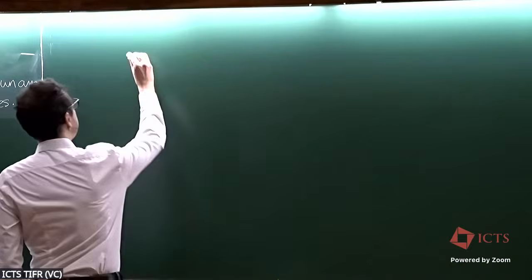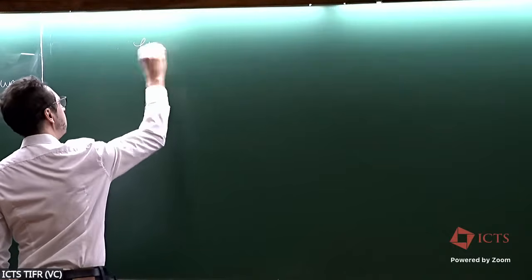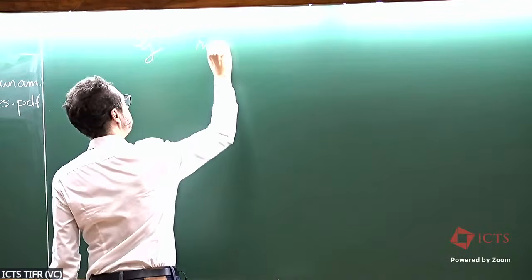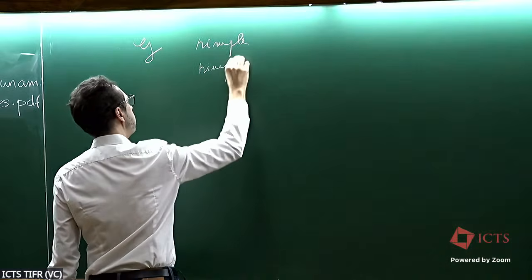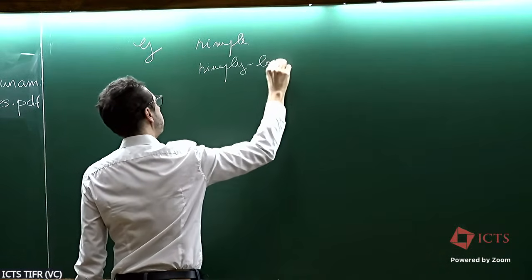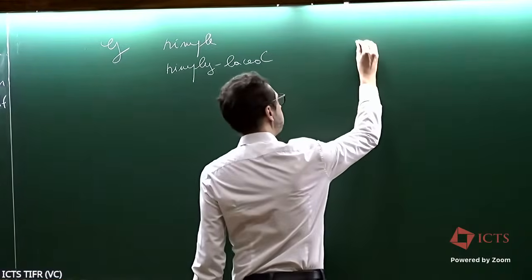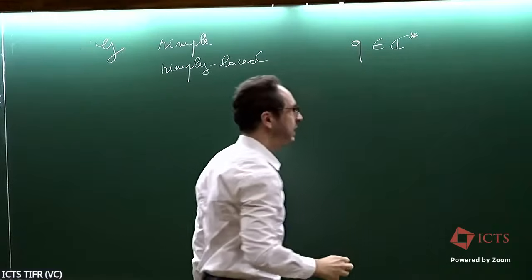So we consider two families of algebras associated to G, which is a simply laced Lie algebra, and a parameter q, which is not a root of unity.